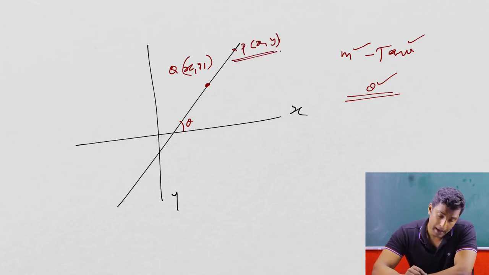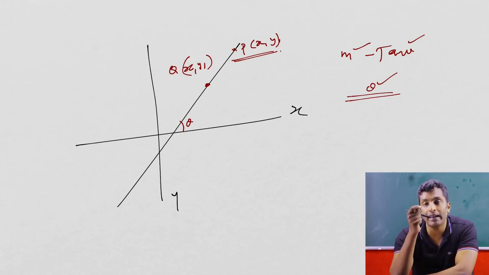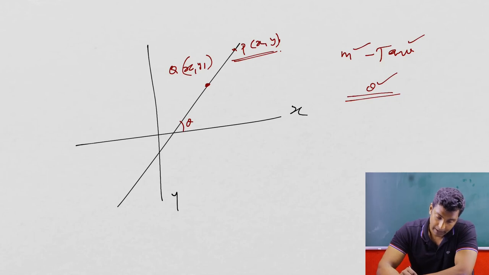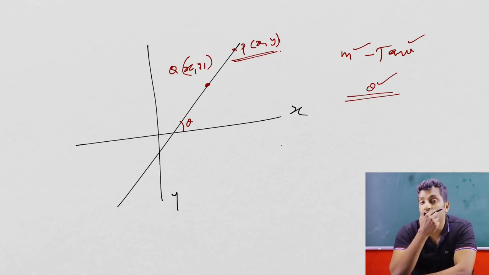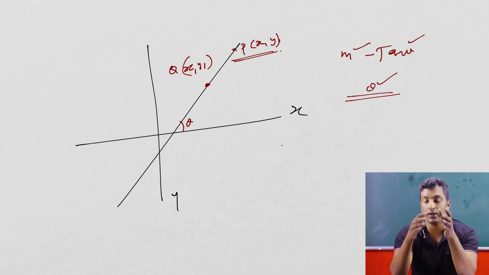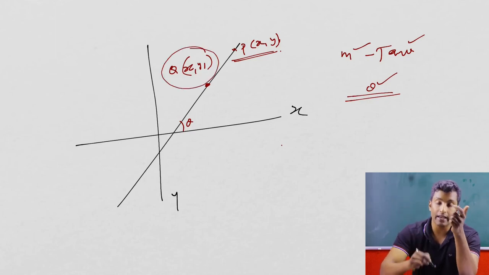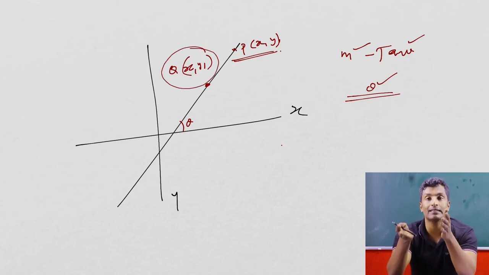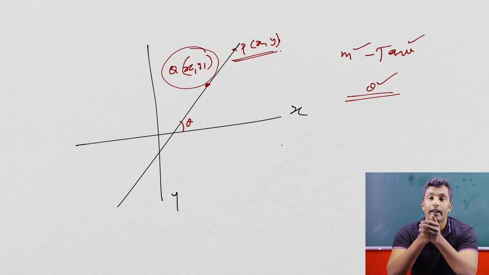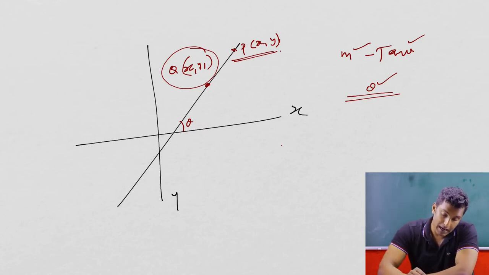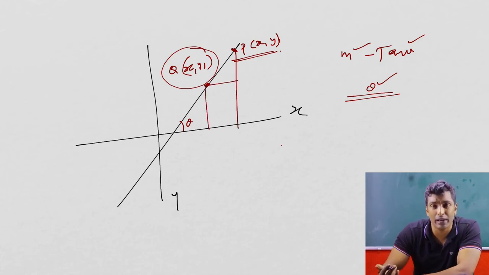So I just gave you the slope of the line and one point on the line. Now generally, if you have the equation, once you put these 2 points, the equation has to be satisfied, then only I can say that is the equation of the straight line, right? Now how are you getting this? How will you get the slope? If you remember, before we have done this, you drop this and you drop this and you join the triangle and you know how to get the slope, right?